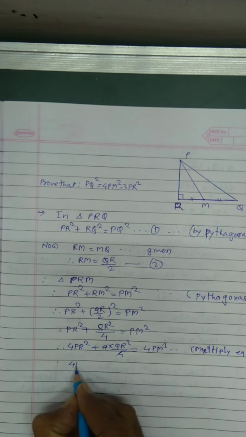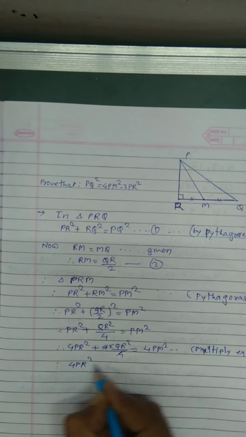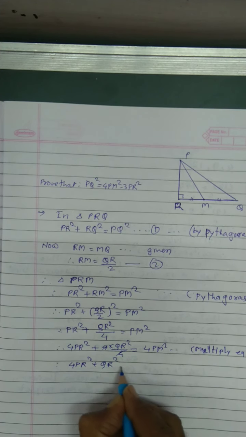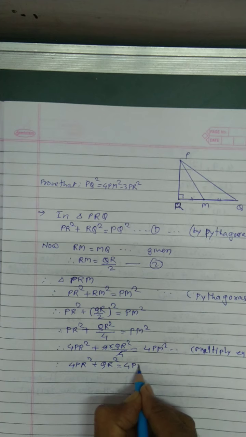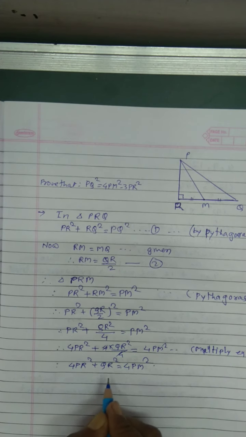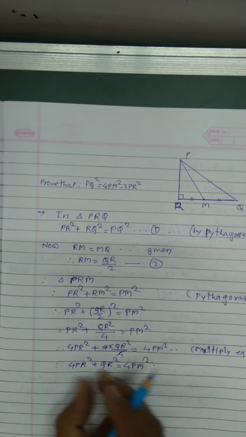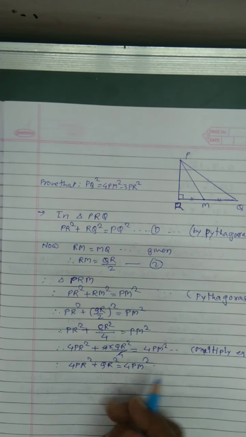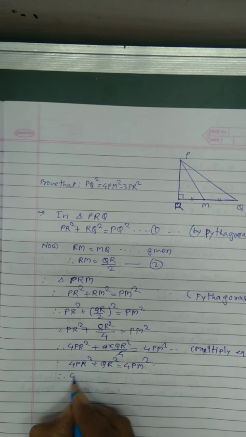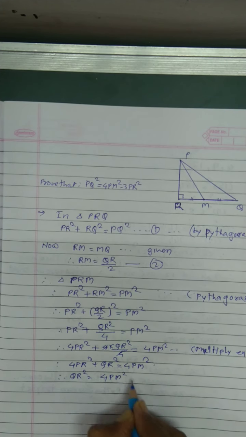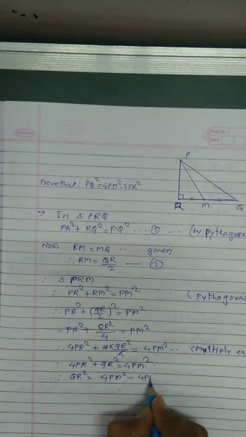Hence 4 PR square plus QR square is equal to 4 PM square. Take this 4 PR square to the other side. We get QR square is equal to 4 PM square minus 4 PR square.